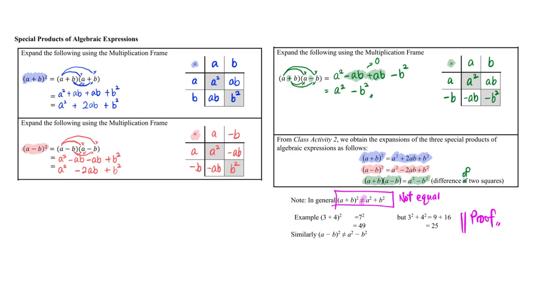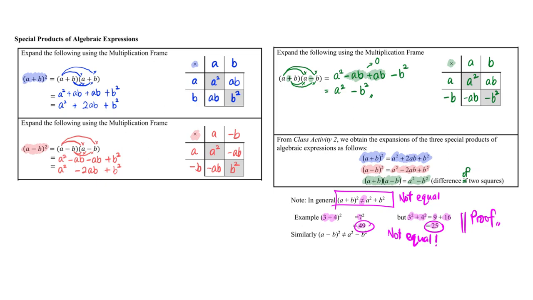For example, if we put (3 plus 4) bracket square, 3 plus 4 is 7, and 7 square is 49. But if I do 3 square plus 4 square, 3 square is 9, 4 square is 16. I add them up, it's 25. And these two are not equal to each other.